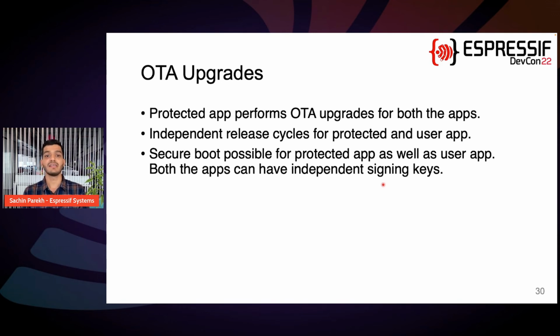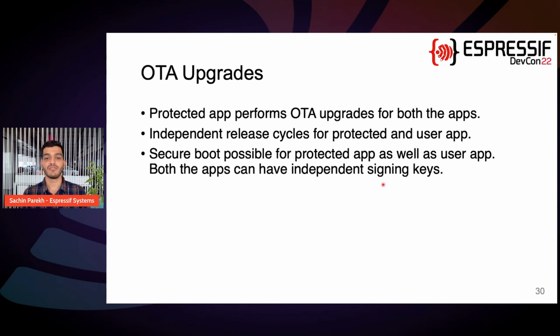Since the update of the application relies on verifying the image and writing to the flash, this entire workflow is only handled by the protected application. It is also possible to independently update the protected and user app at different time intervals. So it can be possible that you first update the protected application and then at some later stage you update the user application.